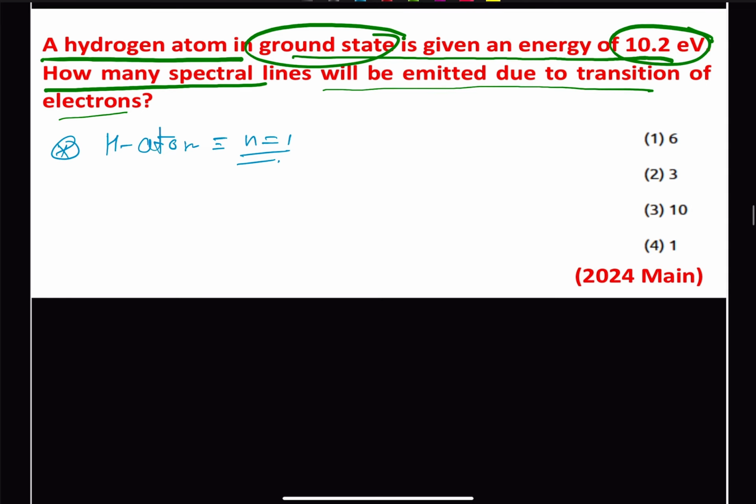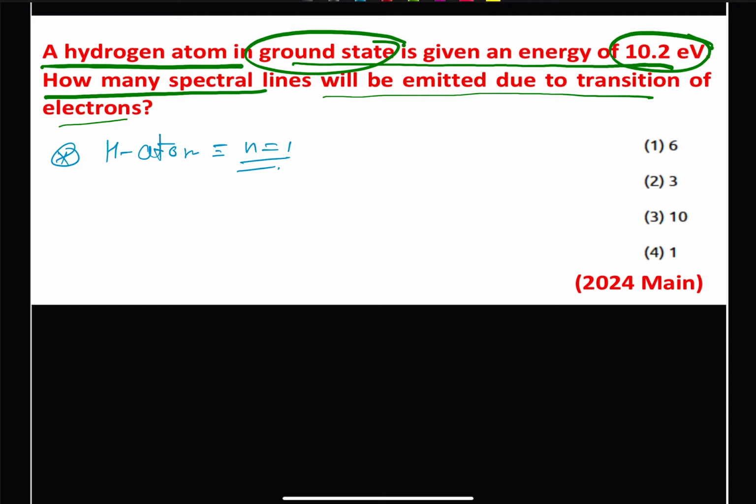And we can just solve it directly also, because it is given that energy required to excite electron from n1 to n2 is exactly equal to 10.2 electron volt. Therefore, the final state to which the electron will be transitioned is n equal to 2. So from here we can say there will be only one spectral line possible.